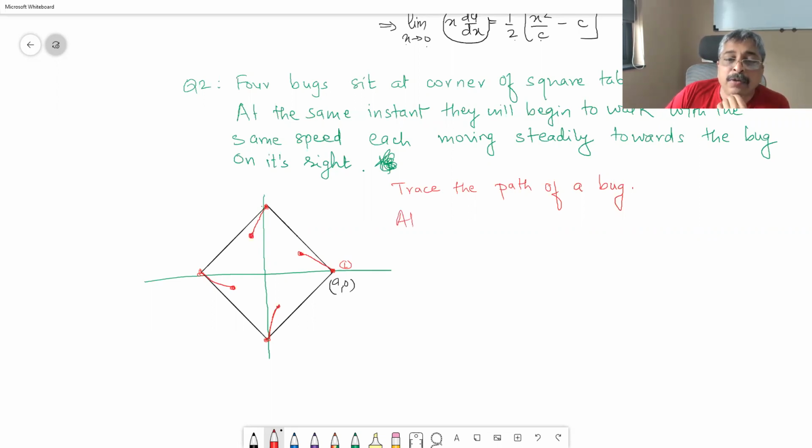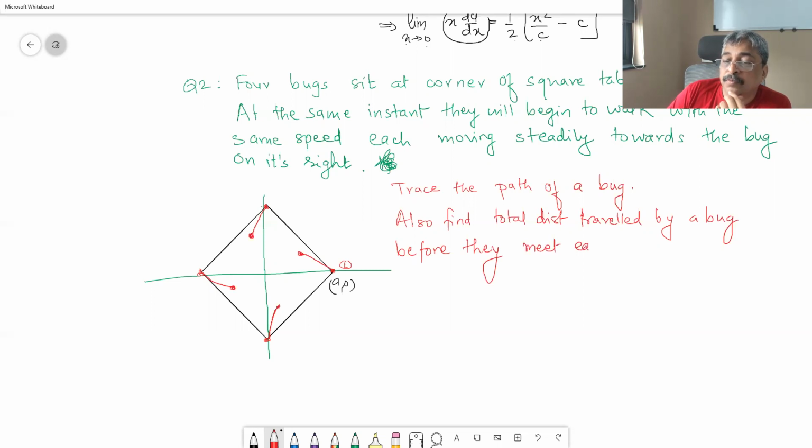Also find the total distance traveled by a bug before they meet each other. So, okay, I hope your problem statement is understood.